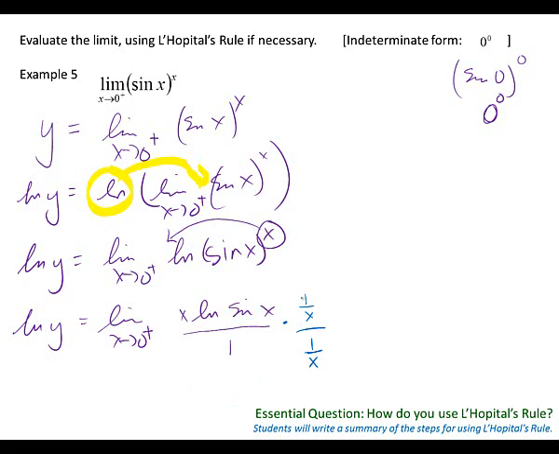So if I introduce 1 over x divided by 1 over x, it's like multiplying by 1. What then happens with this x and this x? They cancel. So basically I've rearranged where that x is going. So I have the natural log of y equals the limit as x approaches 0 from the right of the natural log of sine x over 1 over x.